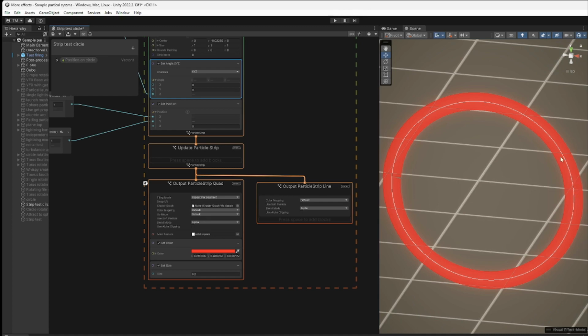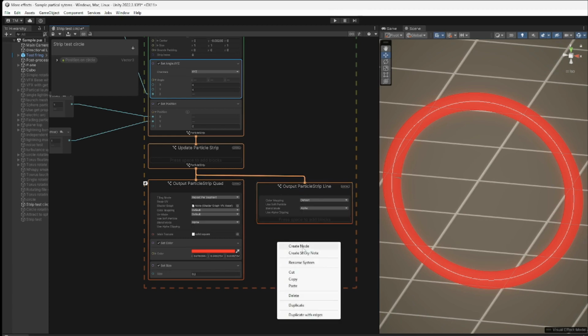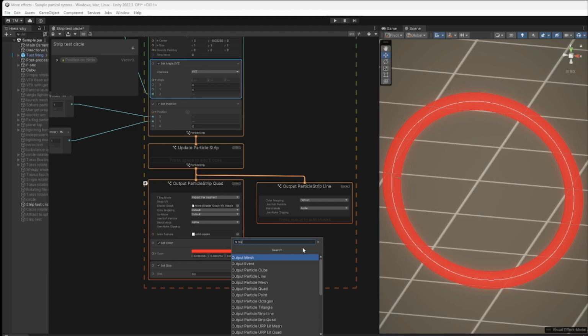And so I can get this line, but it also demonstrates how you can create these blocks the same way you create all those other ones. You can see these are all the output types you can actually create. A lot of times it's using the particle quad. In this case, it's using the particle strip quad. But you can output these other ones, and the one was the particle strip line.